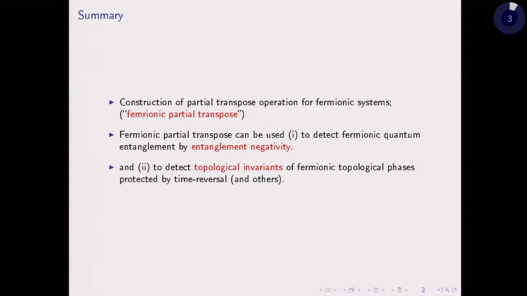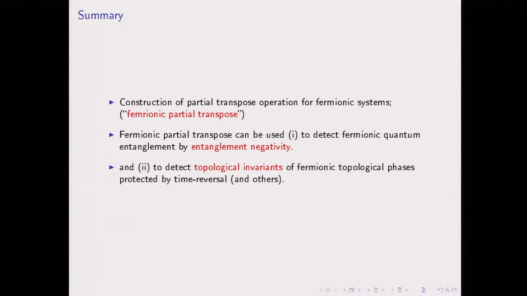So here's a quick summary. I will be talking about fermionic systems, and for fermionic systems, as it turns out, the notion of partial transpose has to be properly introduced.